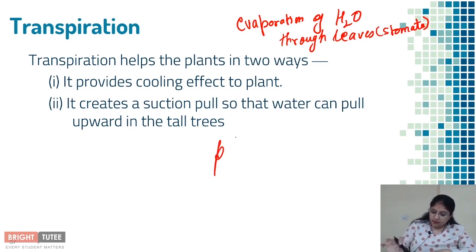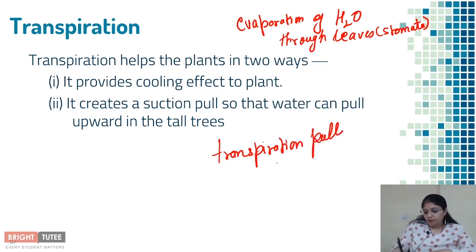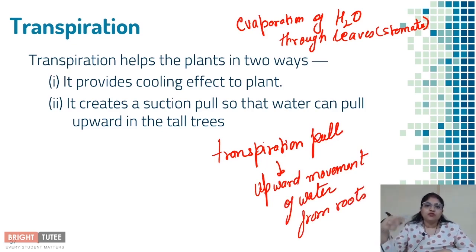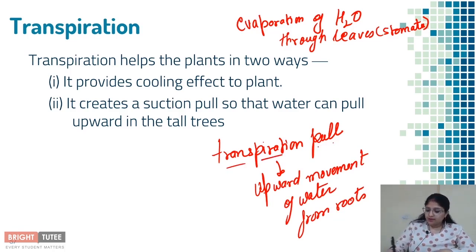This creates a transpirational pull, which causes the upward movement of water from the roots, right? From the roots, the upward movement takes place towards the leaf, because from the leaf only the evaporation is taking place. So this helps in giving the transpirational pull.